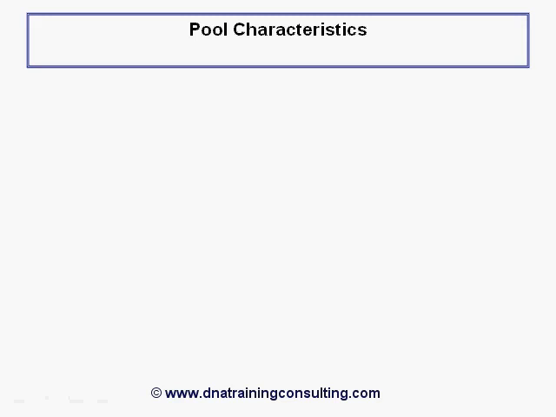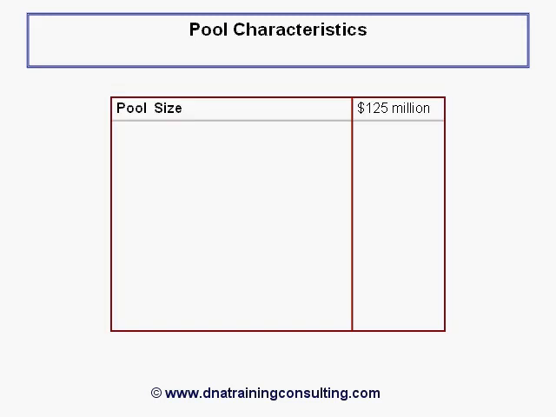We begin by considering the case of an electricity company that generates monthly accounts receivable from its retail and corporate customers with the characteristics described in this table. The aggregate pool size, $125 million.